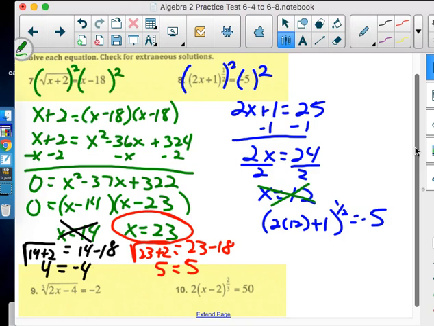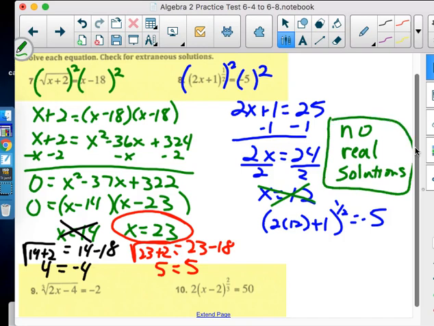And it didn't work. So what are we supposed to say? No real solutions. Isn't going to happen. We got an answer, but our answer was extraneous. So nothing works apparently. Now, if that's on the test, I would verify that with my graphing calculator.